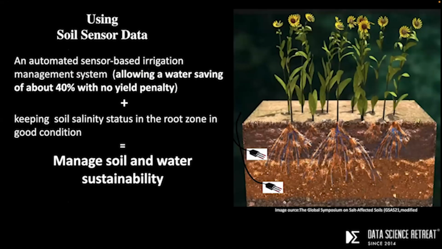As we see, by using this type of sensor, we can manage soil and water sustainably. In our research, in terms of irrigation management, we save about 30% to 40% of water compared with the traditional way. And in terms of salinity, we can keep the salinity in good condition for the plant to absorb the water.